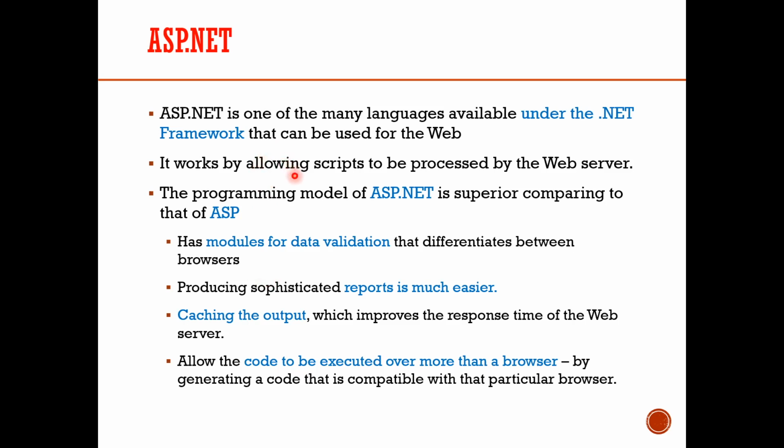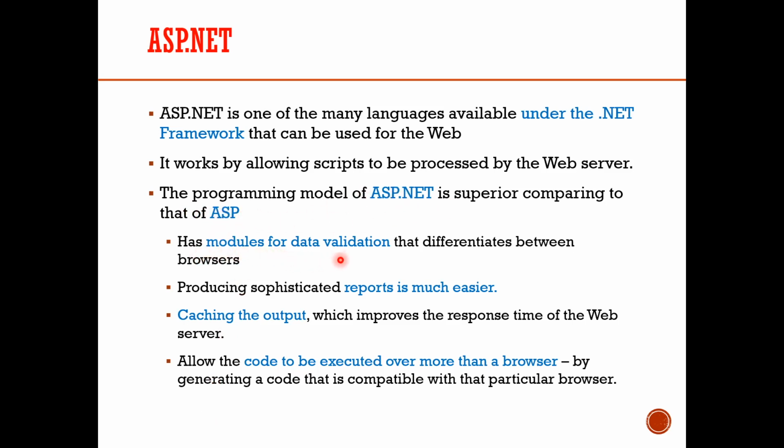ASP.NET is, of course, one of the many languages available under .NET, and as we said just now, it is more powerful; it is the advanced version over ASP. It is very superior compared to ASP, and these are some aspects we can compare to show how ASP.NET is more superior to ASP.